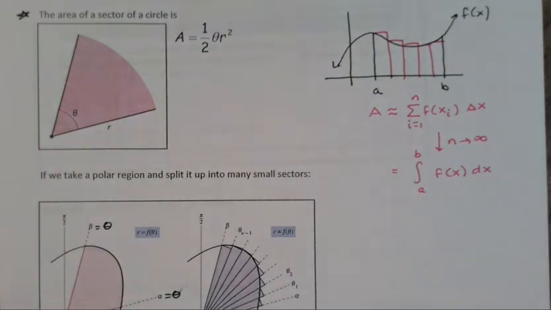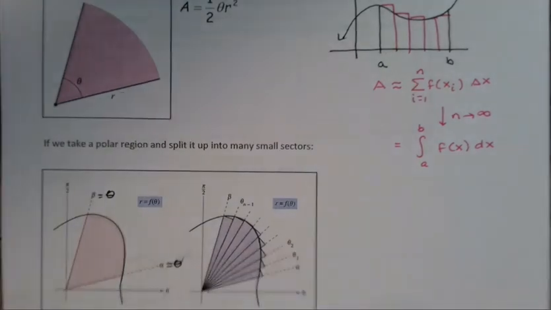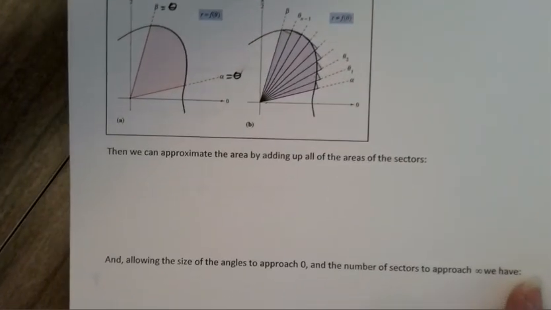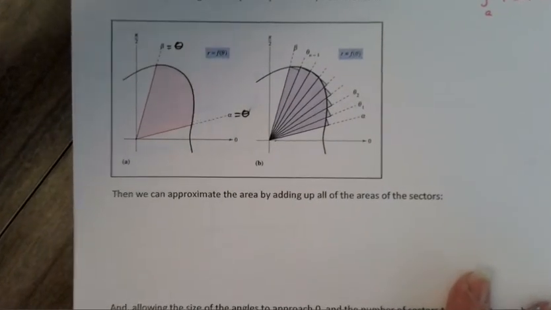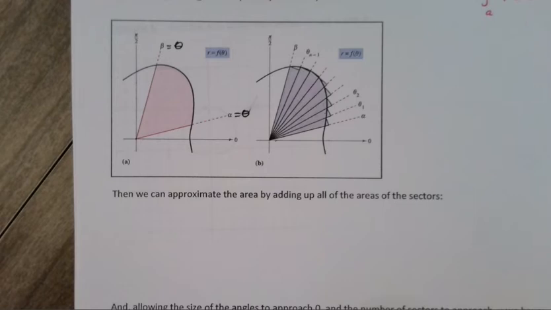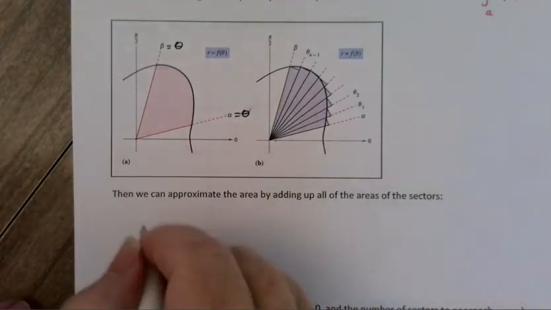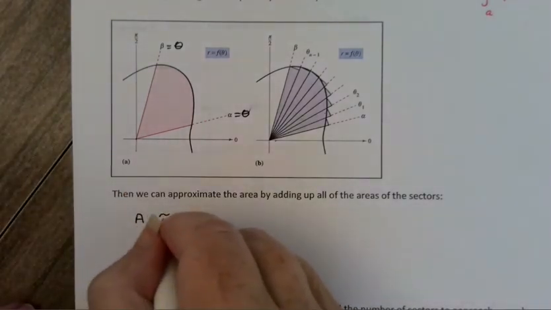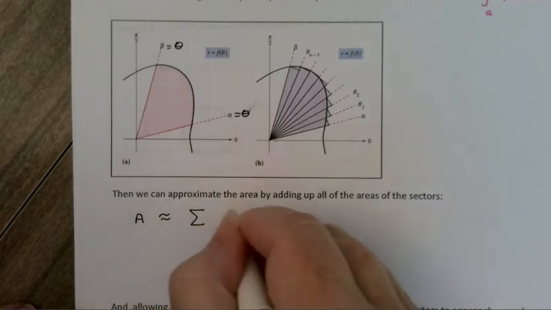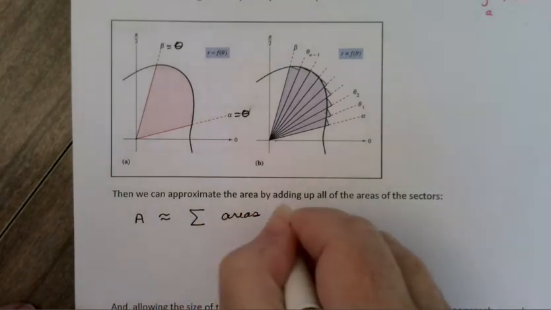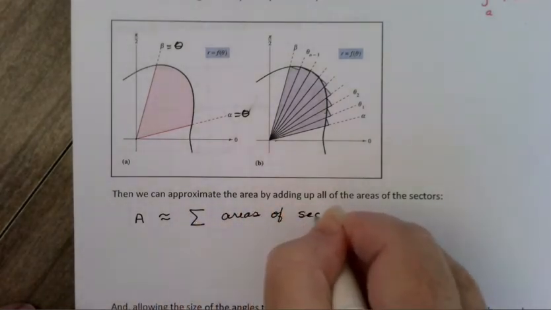So let's see what we can do here using that area of a sector formula to approximate this area very much like what we did with the Riemann sums, the rectangles, for rectangular coordinates. We're going to say the area is approximated by the sum of the areas of the sectors.